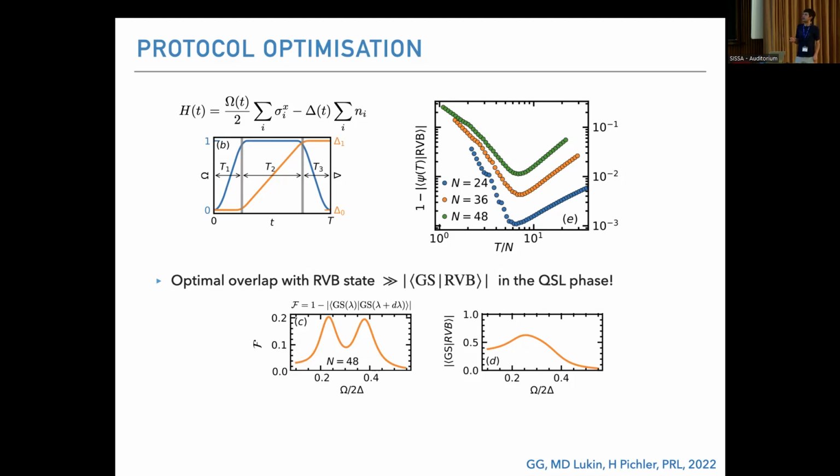Whereas if you go super fast, you just excite a lot of Rydberg atoms. There is a sweet spot in the middle for which you can get this overlap optimal. And the optimal time actually scales linearly with the number of atoms, which is not so bad because it could have been much worse from an experimental point of view.